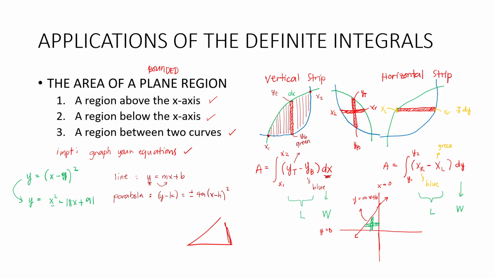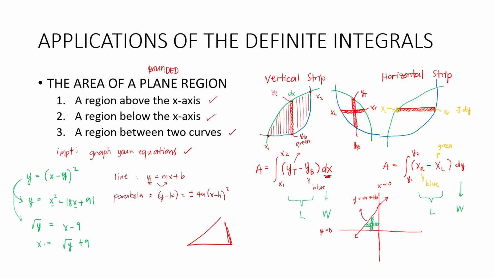If we're going to isolate x, there are two x's, di ba? X squared and x. So the other way would be getting the square root. So square root of y equals x minus 9. Then isolating x, you have square root of y plus 9.